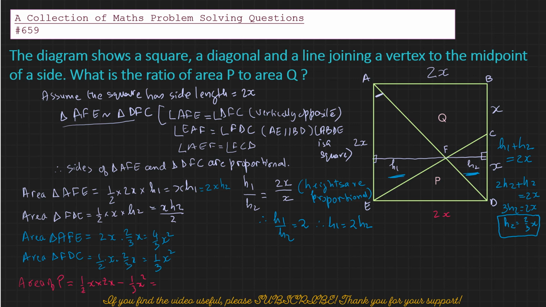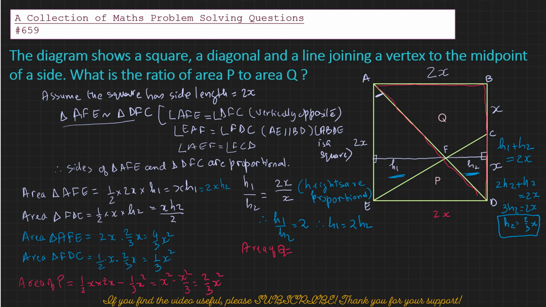The 2 gets cancelled out, so x squared minus x squared out of 3, that is 3 minus 1, so 2/3 x squared is the area of P. And the area of Q is this entire triangle, half the area of the square, minus again the area of triangle DFC.